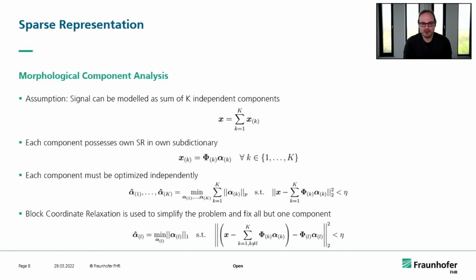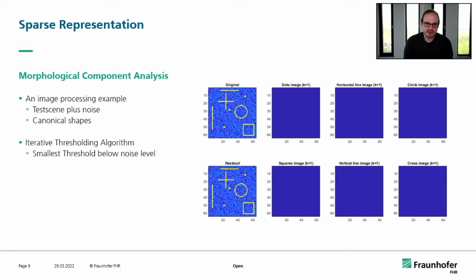This means that we only optimize one component in each iteration step. We fix it, then we use another one, fix all components but the one that we just optimized, and then we go on and on like this with all the components until it has converged. I will show you a quick example in this video here.